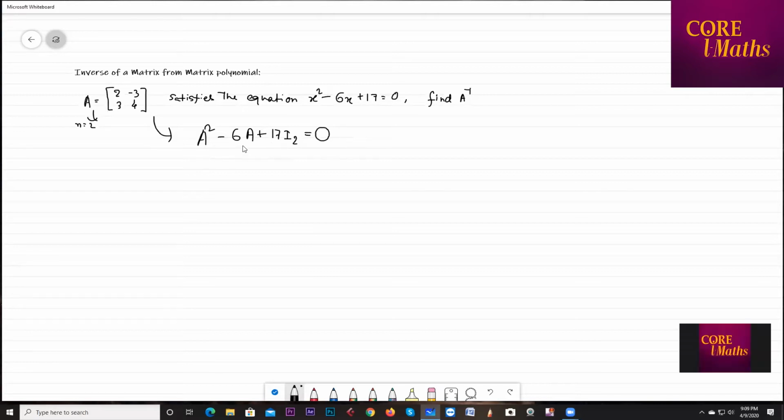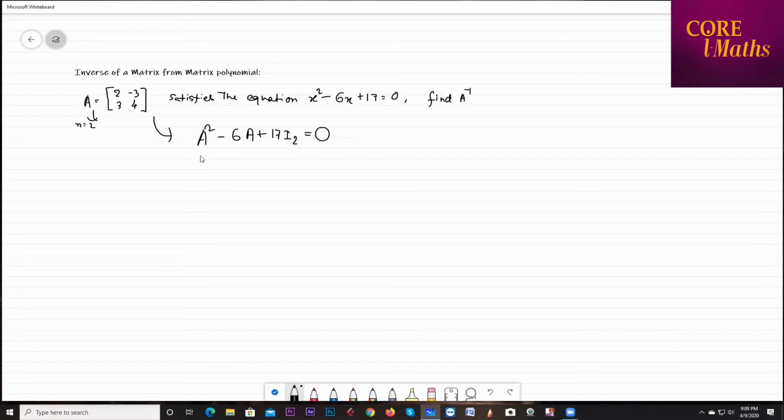So here there is no need to find any adjoint. Without finding the adjoint or any cofactor, with the help of the matrix polynomial, you have to find directly the inverse of a matrix. How will it work?